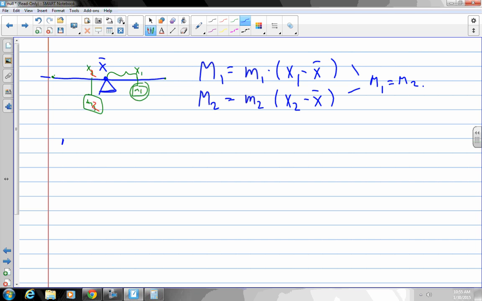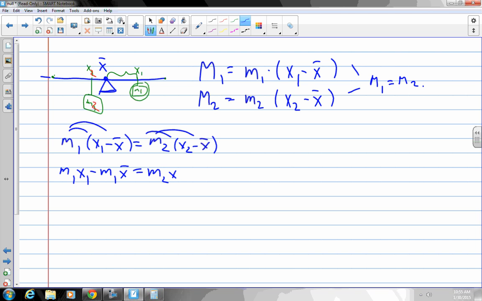So just algebraically, if I do it like that and distribute the masses, we'll get m1x1 minus m1x bar equals m2x2 minus, what? m2x bar.